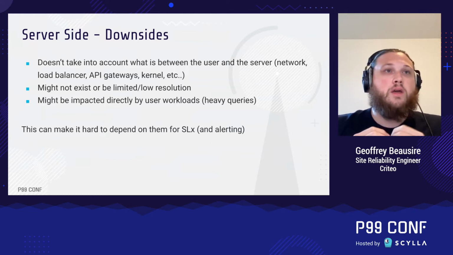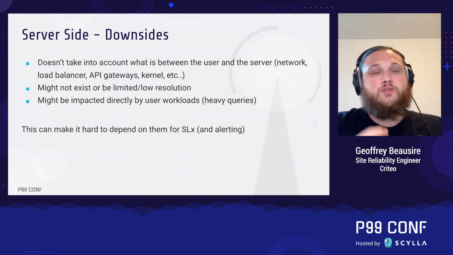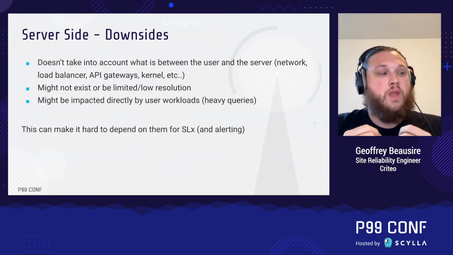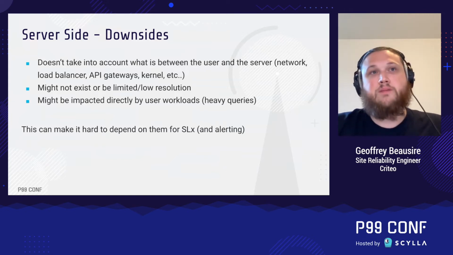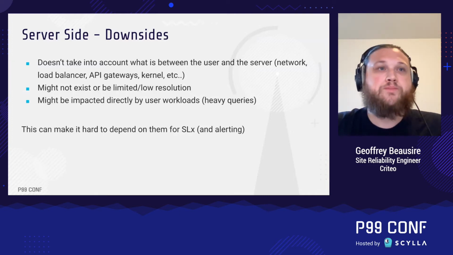Also, typically, if you are operating a database, you didn't write the software yourself. So in this case, you will have the metrics that are given basically by the software itself. For example, with memcached, you don't have a P99 out of the box.